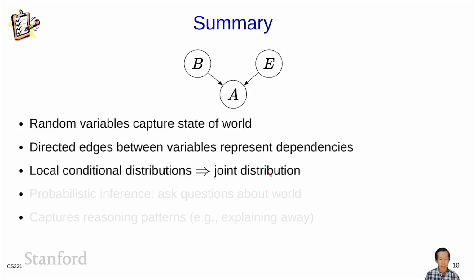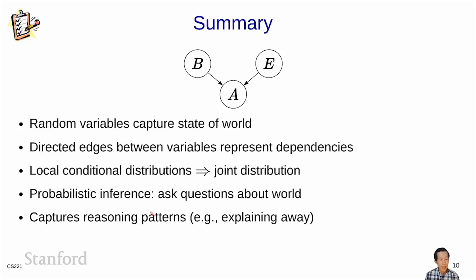Now, this joint distribution is my probabilistic database, where I can ask questions about the world, and this is the process of probabilistic inference. And hopefully, through the alarm and the medical diagnosis examples, you can appreciate the framework, which is Bayesian networks, and that it captures certain types of reasoning patterns, such as explaining away, which might be intuitive or counterintuitive, but you can rest well at night because this is all based on laws of probability.